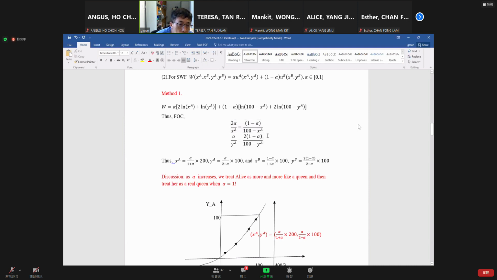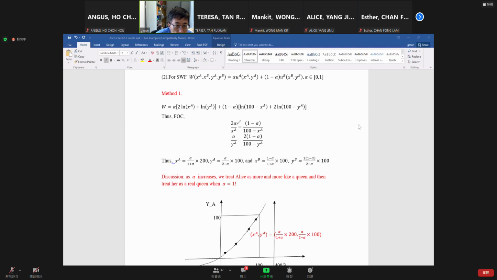And then what can we do about it? For this one, we have only XA, so it's easy to find that the solution of XA should be this number. The idea is, you don't need to really calculate, just look at this equation carefully enough, then you can directly write the solution.